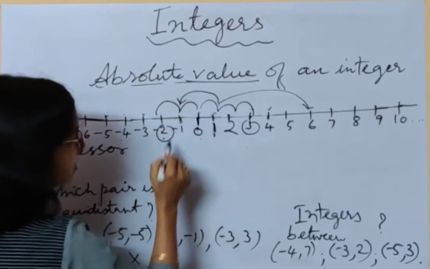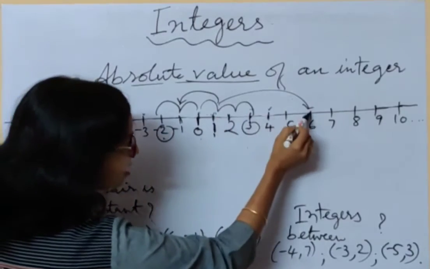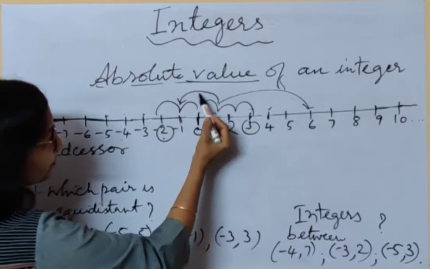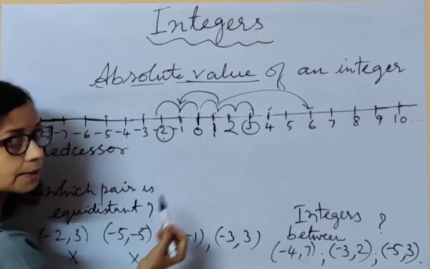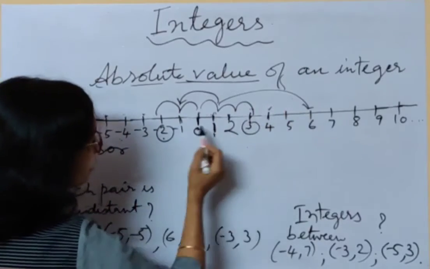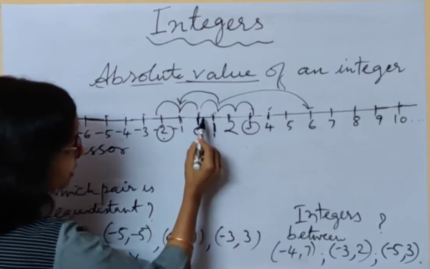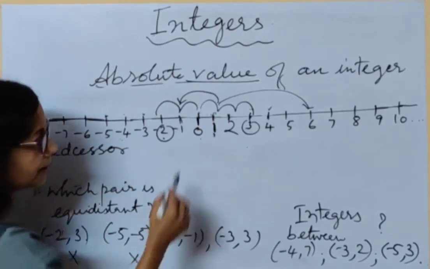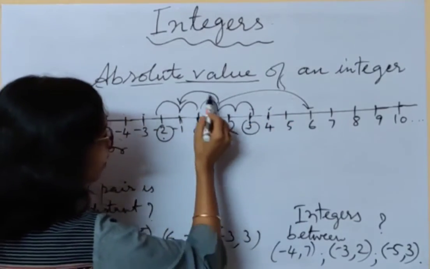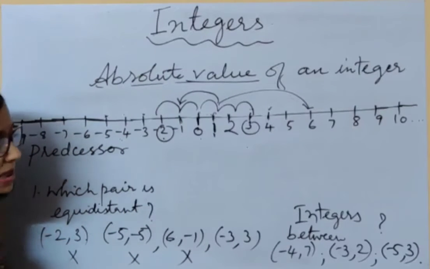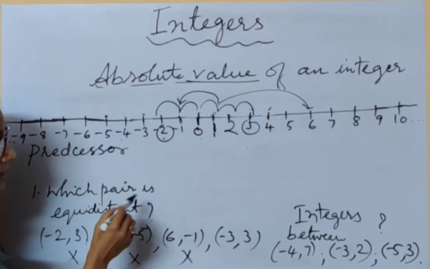From 0, 6 goes so far to the right and minus 1 goes to the left before 0. This is a large value and this is a small value. You can see 6 units we go there and here only 1 unit. So they are not equal, and this does not satisfy the question.